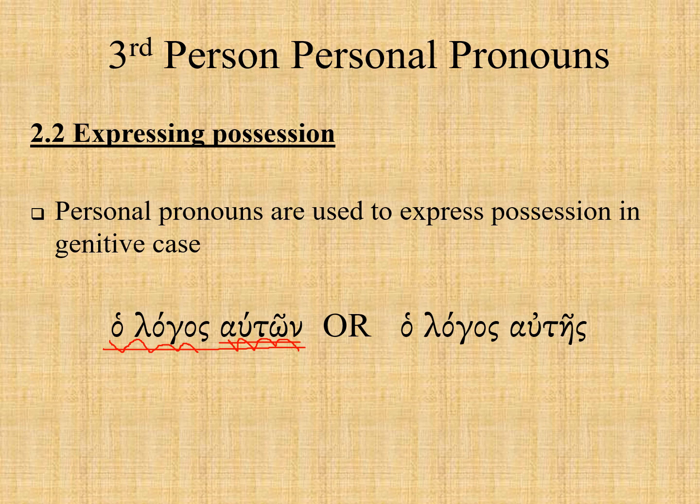A second example, ho logos autes, the word, and then autos in feminine singular genitive, so the word of her, hers, which means her word. This would be the more common usage of the third person pronoun autos.